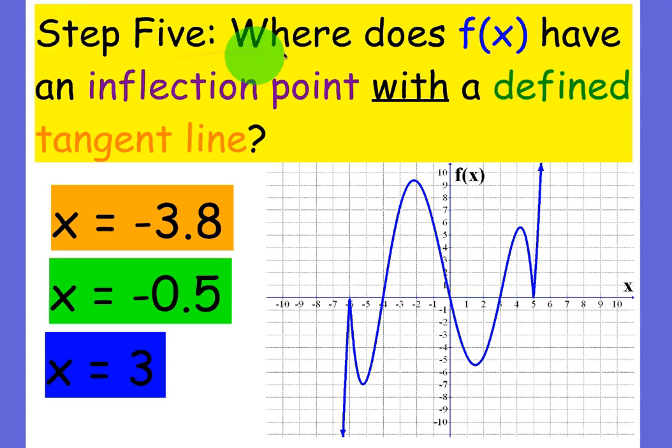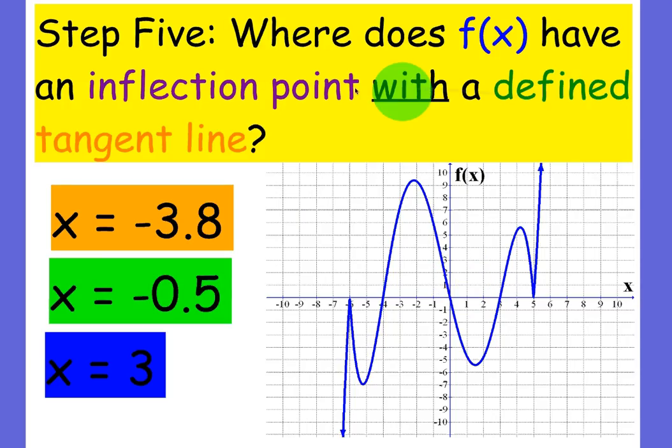Okay, step 5. Where does f of x have an inflection point with a defined tangent line? We learned from the last video that if the inflection point doesn't have a defined tangent line, i.e. a vertical tangent line, then the derivative is not going to have a relative extrema. But here, at x equals -3.8, x equals -0.5, and x equals 3, we do have inflection points with defined tangent lines.